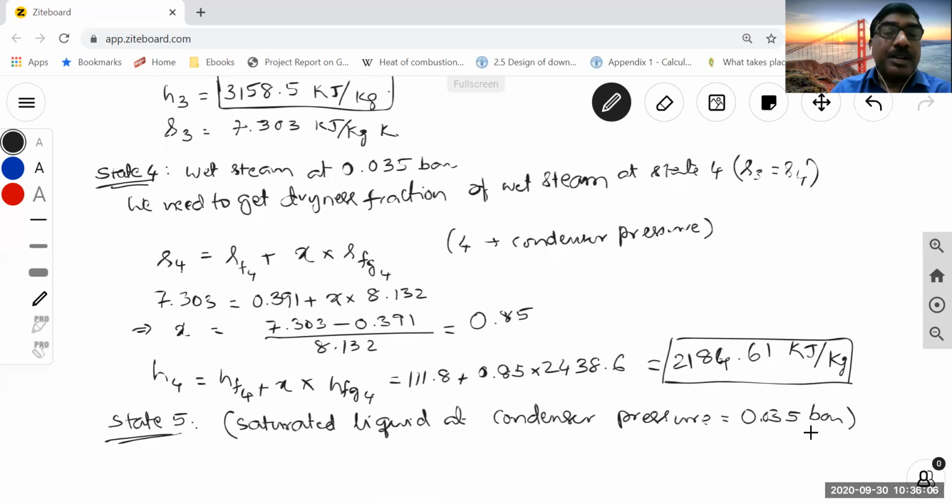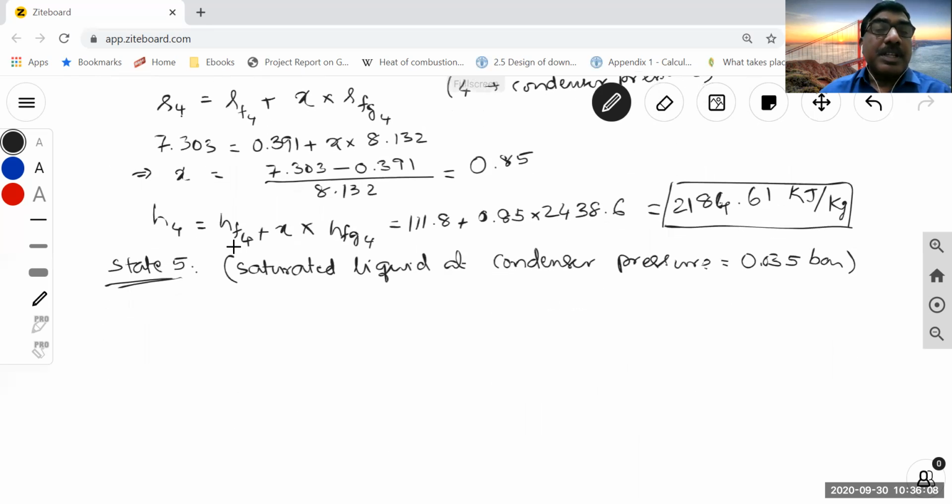So directly you can get this value. Saturated liquid at a condenser pressure means hf only. So H5 is equal to 111.8 kilojoules per kg. Okay, and now H6.